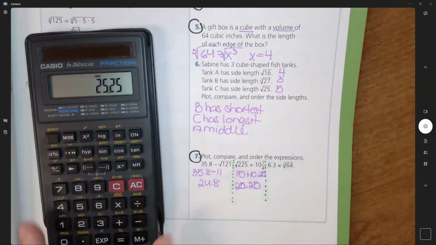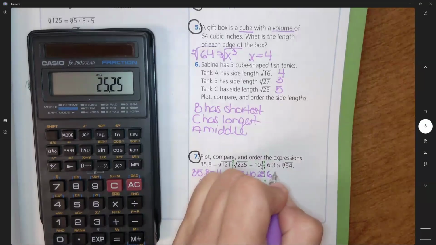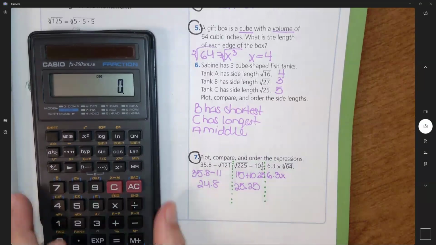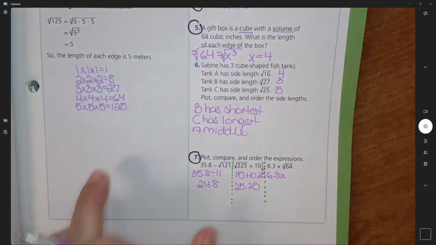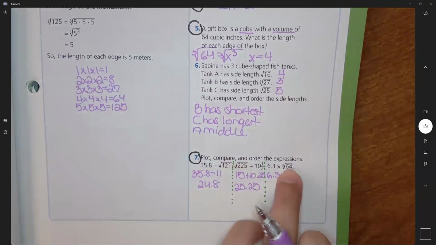25.25. And then in our third expression, we have 6.3 times the cube root of 64. Again, you can't use calculators really for cube roots, but we can use this because we made it. What is the cube root of 64?